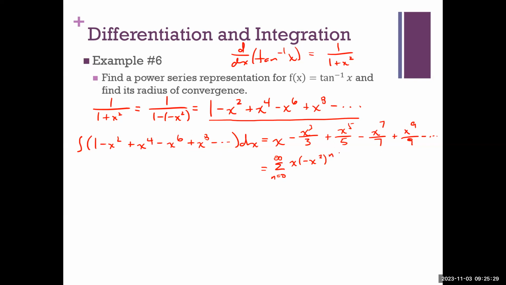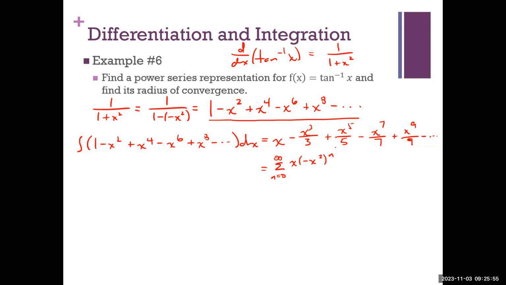Does this make sense? When n is 0, I should get positive x, right? Do we agree with that? When n is 1, I should get negative x cubed. When n is 2, I should get positive x to the 5th. Okay, so I think we have the alternation and we have the powers incrementing in the way we want.